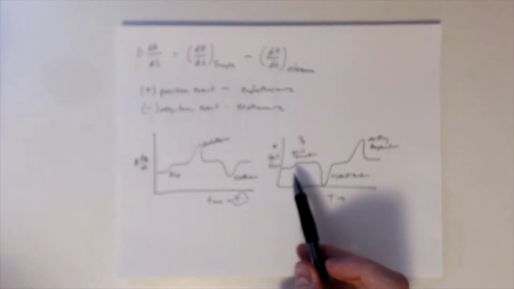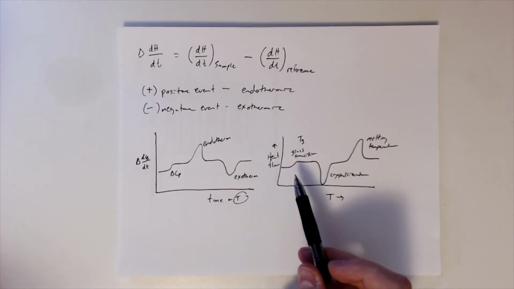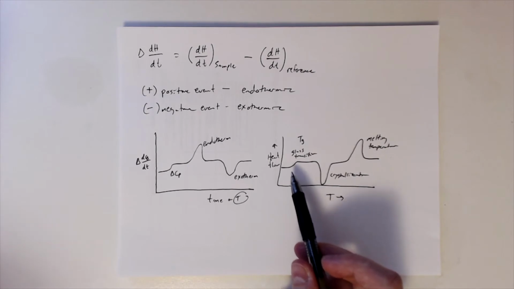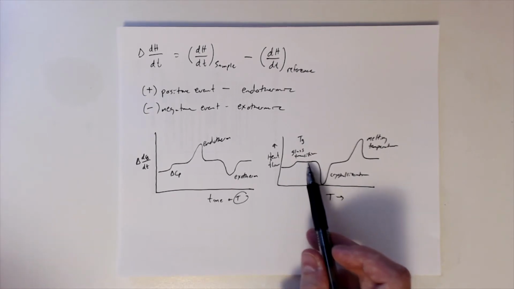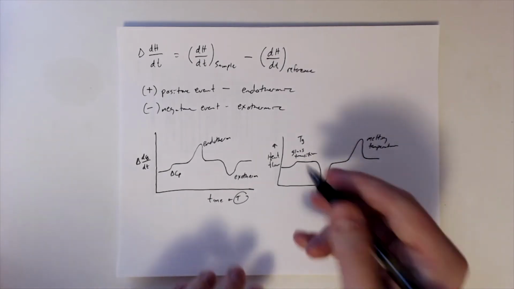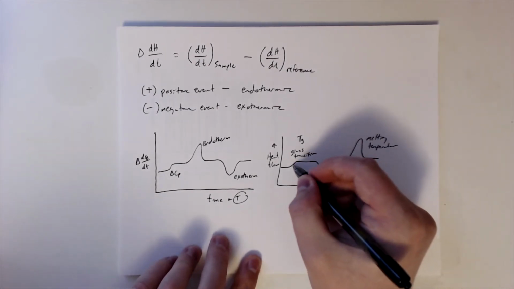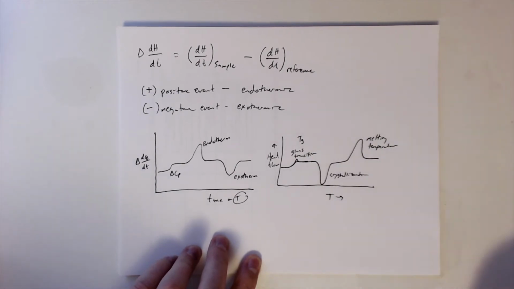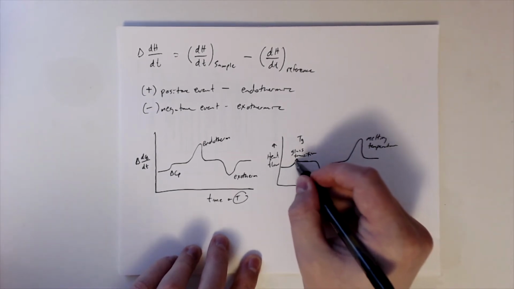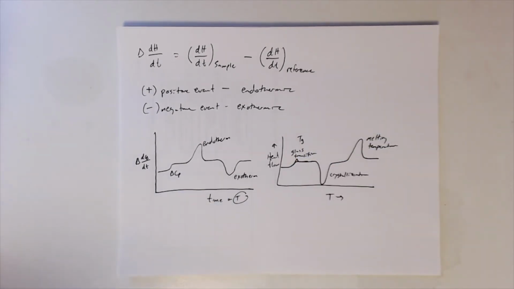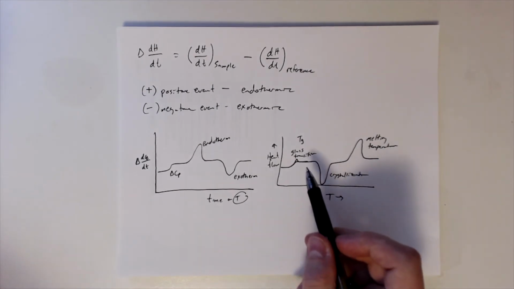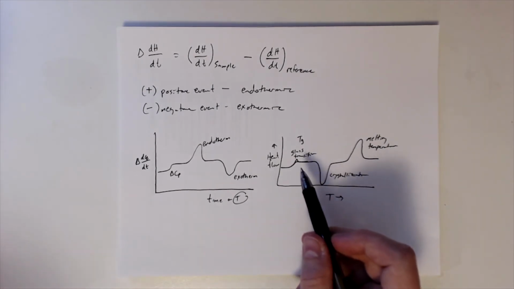When an amorphous material goes through its glass transition temperature, there is a change in the heat capacity, which is that step change. Oftentimes it won't look perfect like this. You might actually see a little peak up here. So it goes through the step change, but also has a little bit of a peak. They're not always perfect, but that tends to be a glass transition.